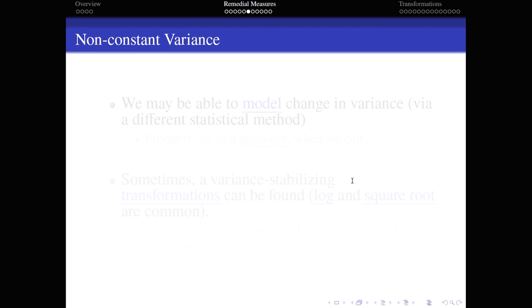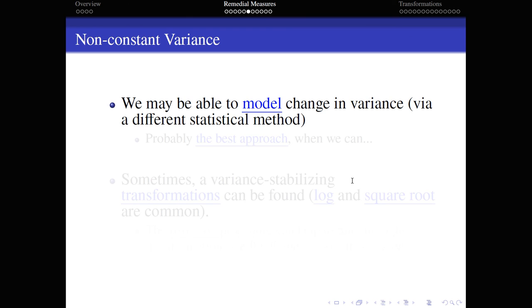So we also have the non-constant variance assumption. Recall that in regression, constant variance is called homoskedasticity, and non-constant variance is heteroskedasticity. If we have heteroskedasticity, that's the bad one, we may be able to actually use a better statistical model to account for the change in variance. Now this is probably the best approach when we can.